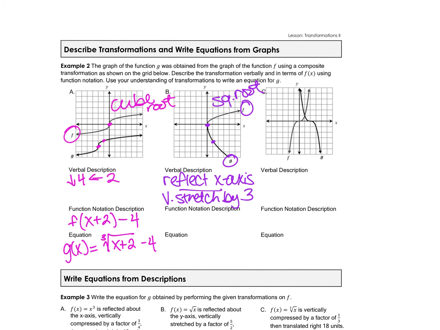Okay, so our function description, we have a 3 on the outside, and then we have f of x, and then the reflection across the x-axis makes the front of it negative. So a reflection over the y-axis makes the inside negative. So your equation for g, we know we have a square root, so negative 3 square root of x would be your new equation.